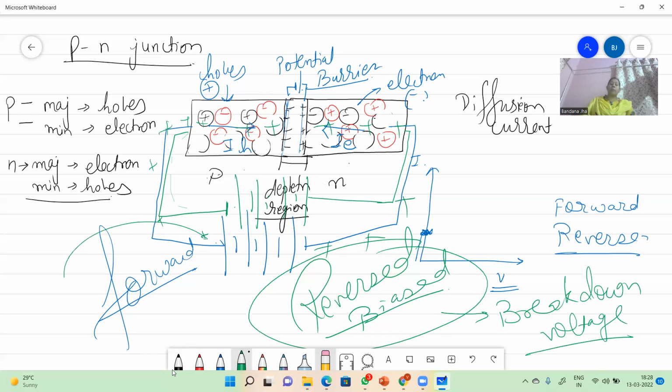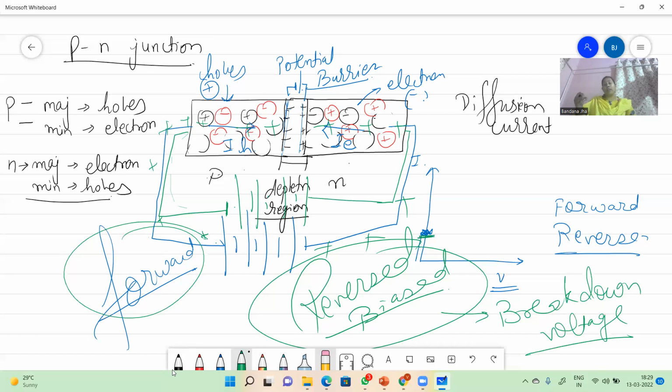And in forward bias, when we increase our voltage, at first the current will not flow. Why? Because when we have not applied any external electric field, all the current has already flown. So because of that reason, we need more voltage. When we increase our voltage, first current will not flow.